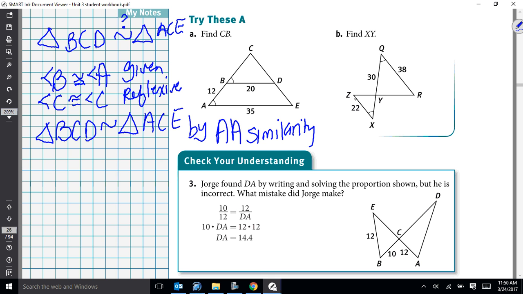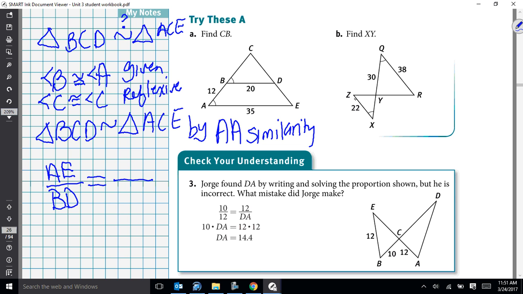Now comes the algebra. So now that we know these, we set up a proportion, right? Since they're similar, what do we know about our sides? They're increasing and decreasing at the same rate. So what does our proportion look like? So we have A over CD.